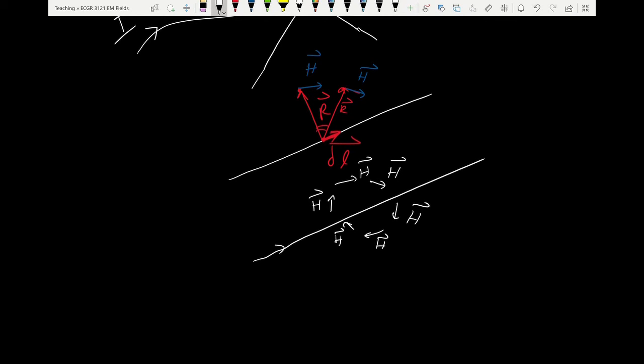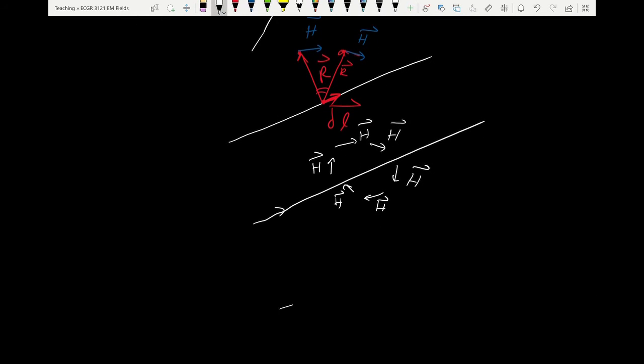This is the field vector picture. If I draw it using the field line picture, where the tangent at each point on the line represents the direction of the field, I get a field that's rotating around this line element.